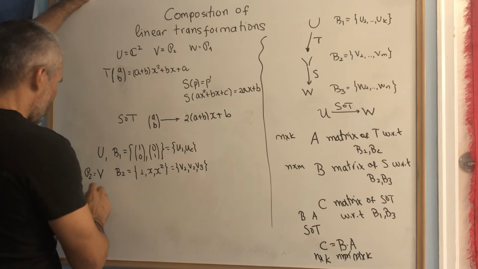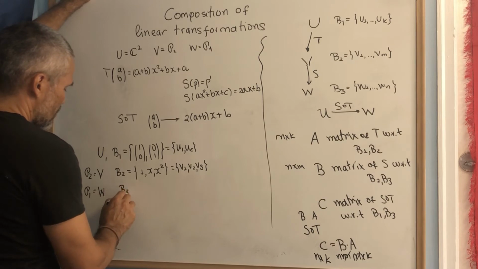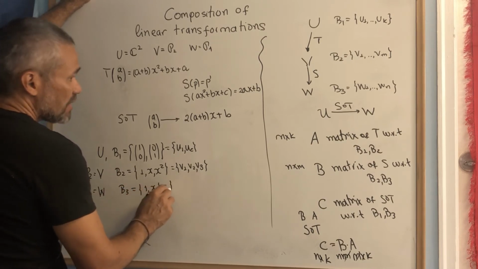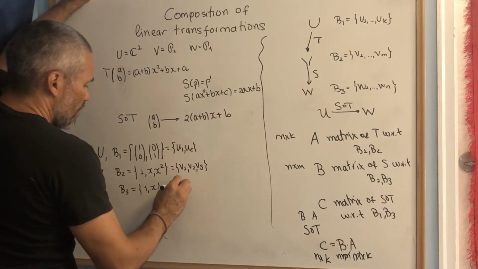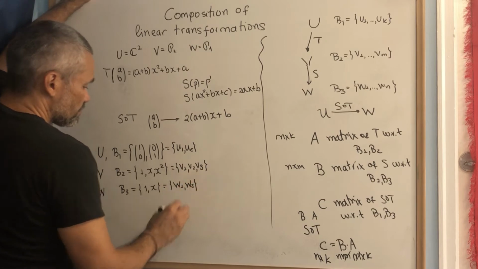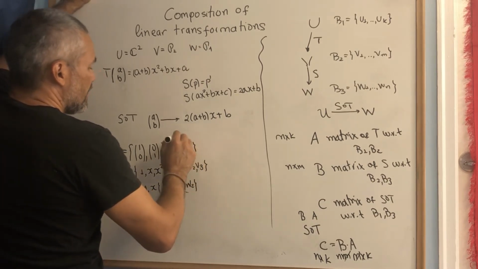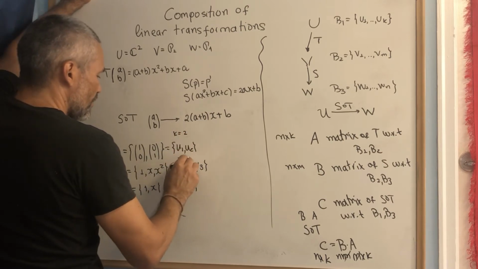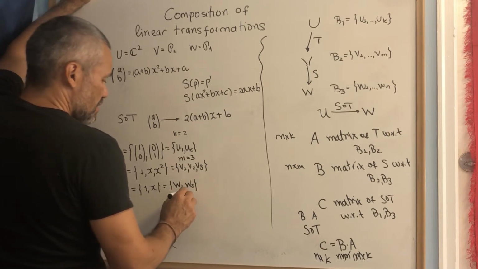And for W, polynomials of degree 1 or less, I'm going to take the basis 1 and x, which I'll call W1, W2. Notice that in this particular case, k is 2, m is 3, and n is 2.